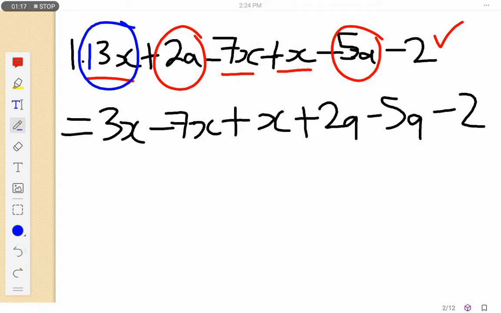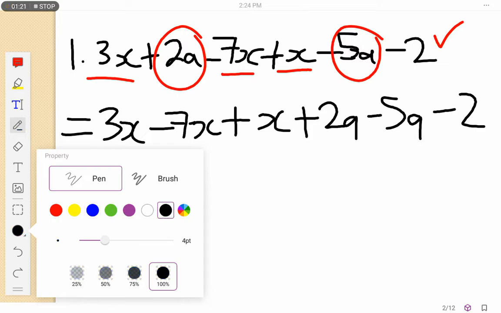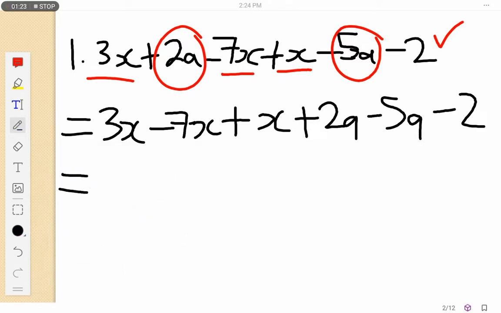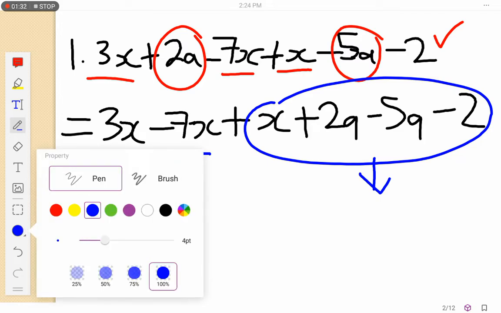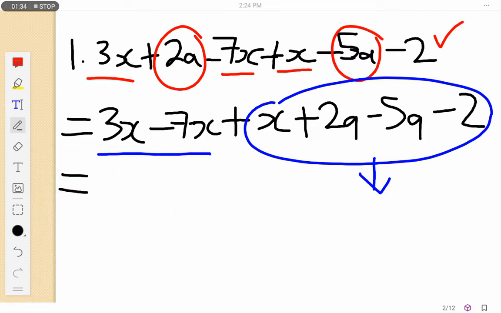Now that that has been said, let's simplify. I can first of all add these two and take the rest down, so that I do it step by step. So I'll have 3x minus 7x, which is minus 4x.